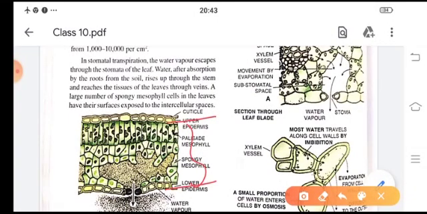Water oozes out from these cells into the intercellular spaces through the process of diffusion. Here it saturates the air and forms vapors. These vapors go out from the stomatal opening into the atmosphere.